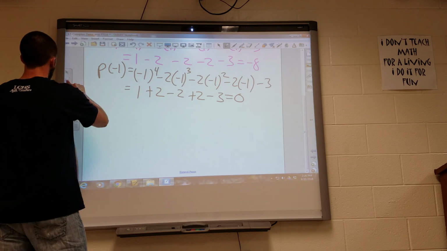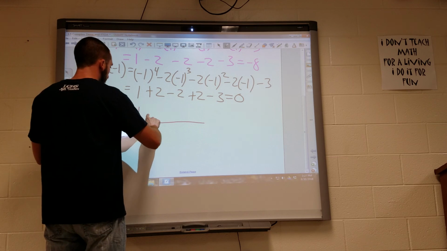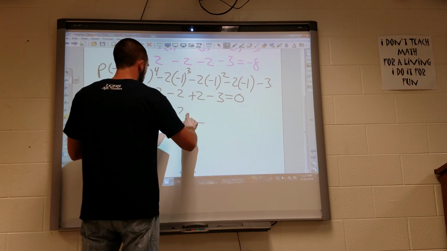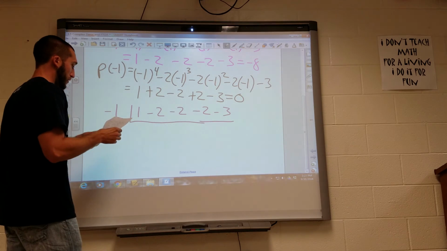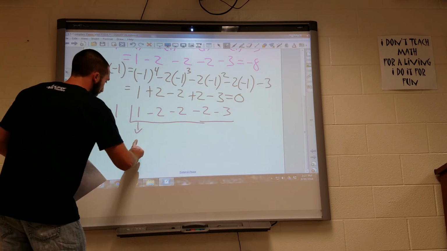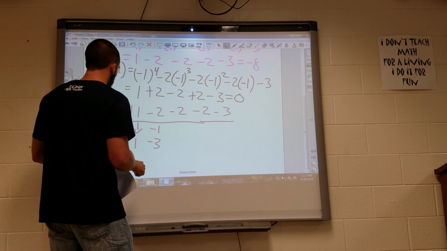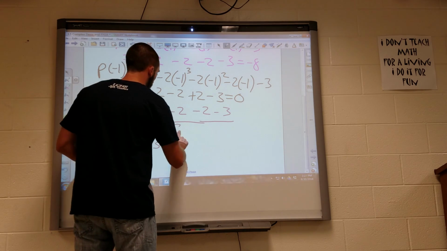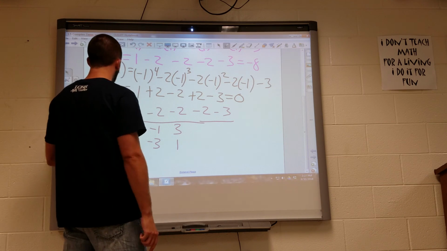So go ahead and divide synthetically by negative 1. And my coefficients were here. You can go back and check. Those are the coefficients I get. So 1, negative 1 times 1, negative 1 gives me a negative 3. Negative 1 times negative 3 is a positive 3. Negative 2 plus positive 3 is 1.